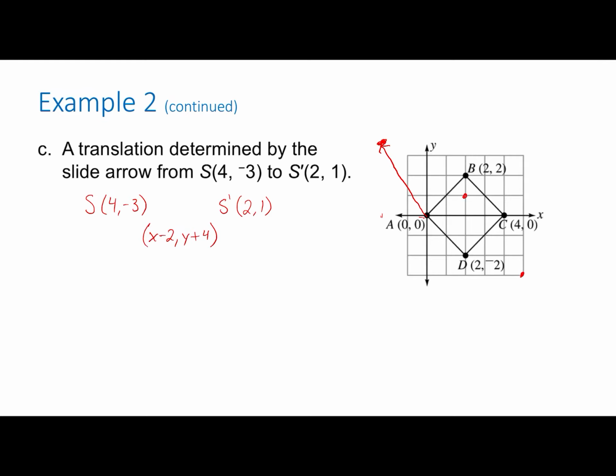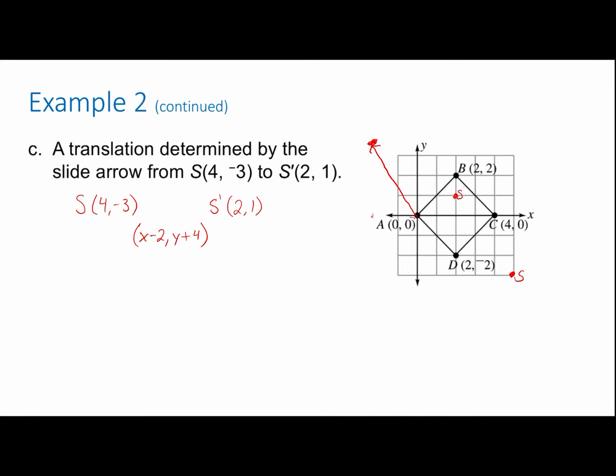Well, from here, this is S, to S prime, we're going left 1. Nope, hang on, I got the wrong points here. I'm at 5, not 4. So this one's not right. So there's 4. Alright, so this is S. And so we're moving 1, 2 units left, and then 1, 2, 3, 4 units up.